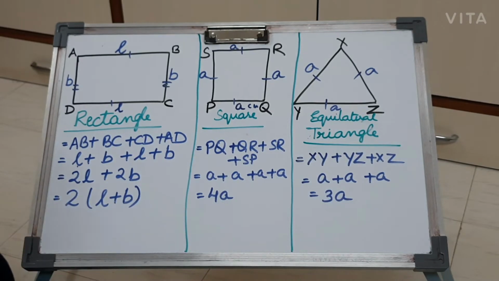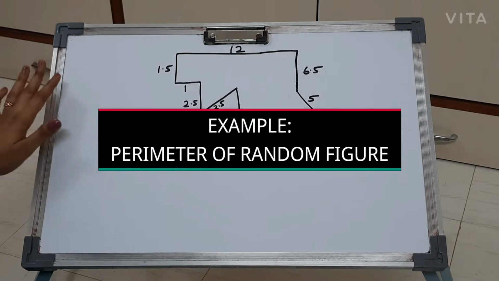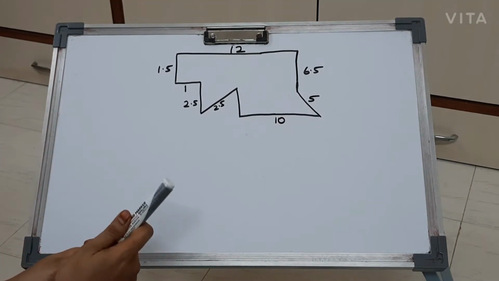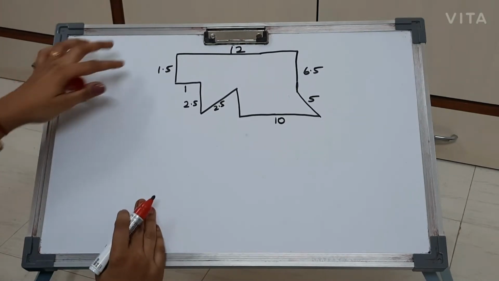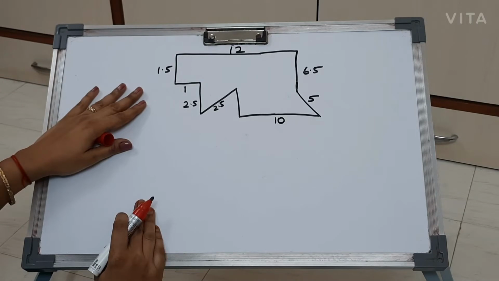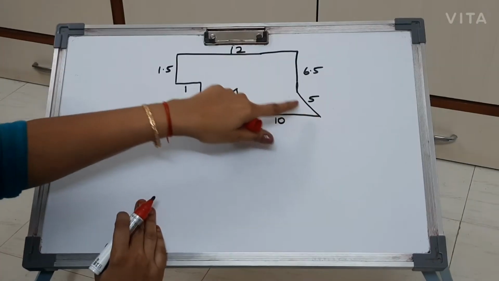Okay, let's start with a few examples. Now, if we have to find the perimeter of some random figure like this, up till now we have done the rectangle, square and equilateral triangle, but if this type of figure is there and we have to find its perimeter, what do we have to do? Again, we have to add all the boundaries only. The measurements are given here.